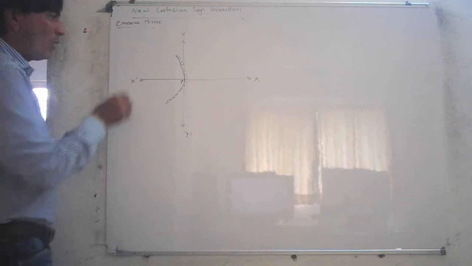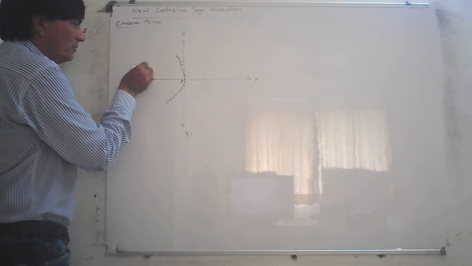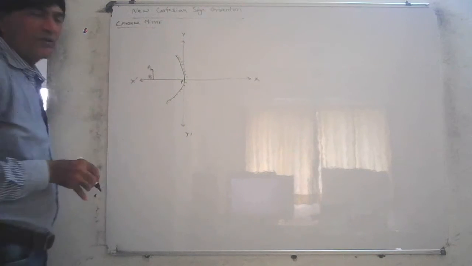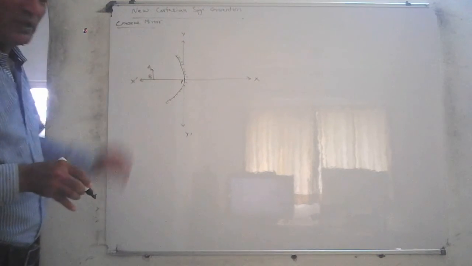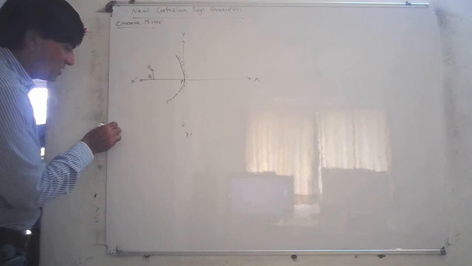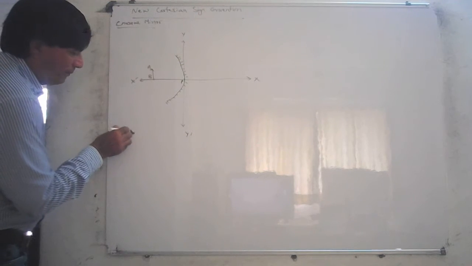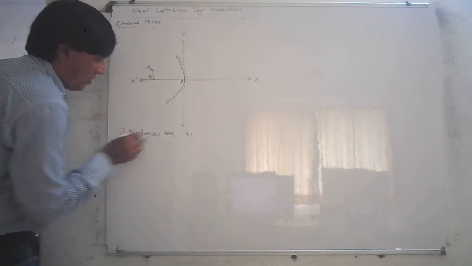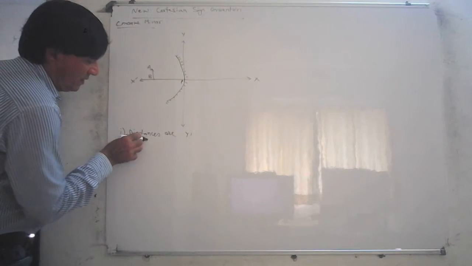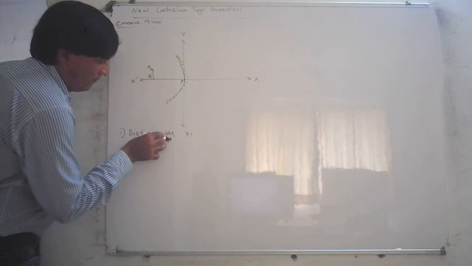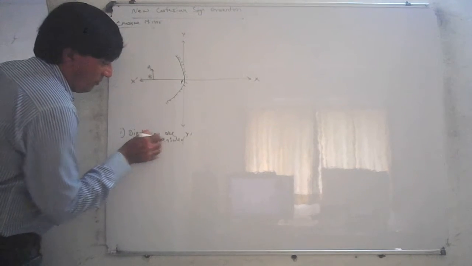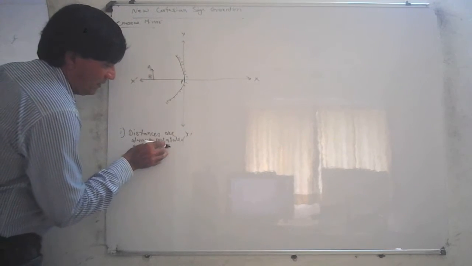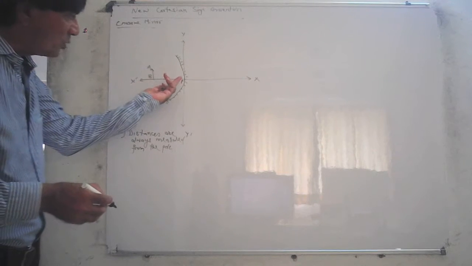Now you see, an object is placed in front of the mirror. This object, AB, is the object. It is placed in front of the mirror. Distances are always measured from the pole. So when you start measuring the distance, you start from the pole.